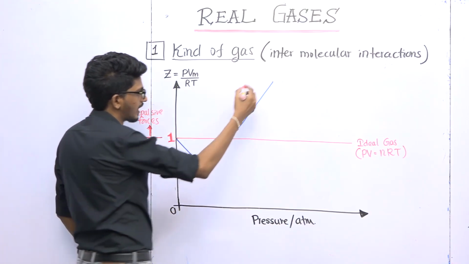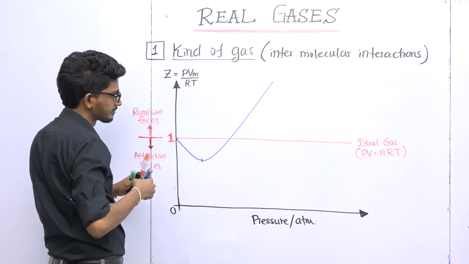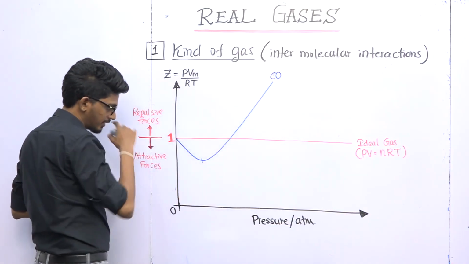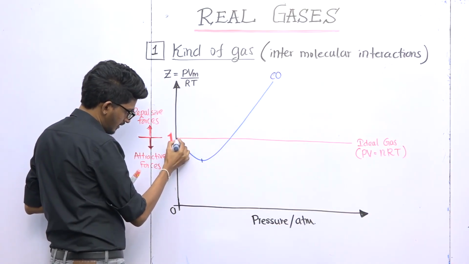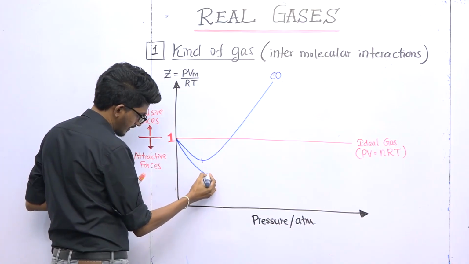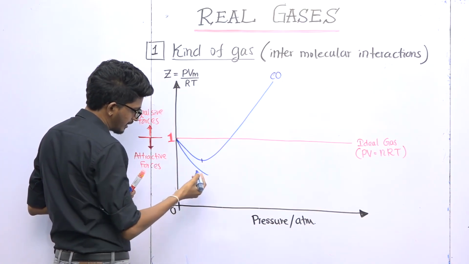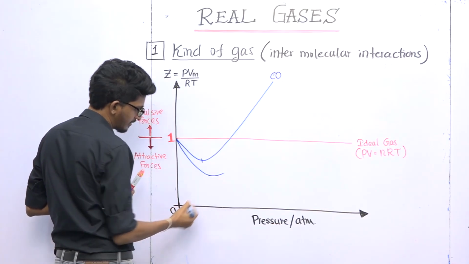Let's say this is for carbon monoxide. Let's consider some other real gases, like methane, CH4. The CH4 gas is like this.